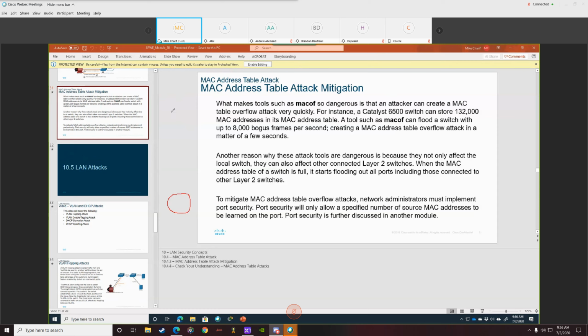This is your core right here, the core layer, which has the high-end routers. Looks like a sloppy router, huh? Anyway, you have the distribution layer switches right here. Usually you have redundancy on them.